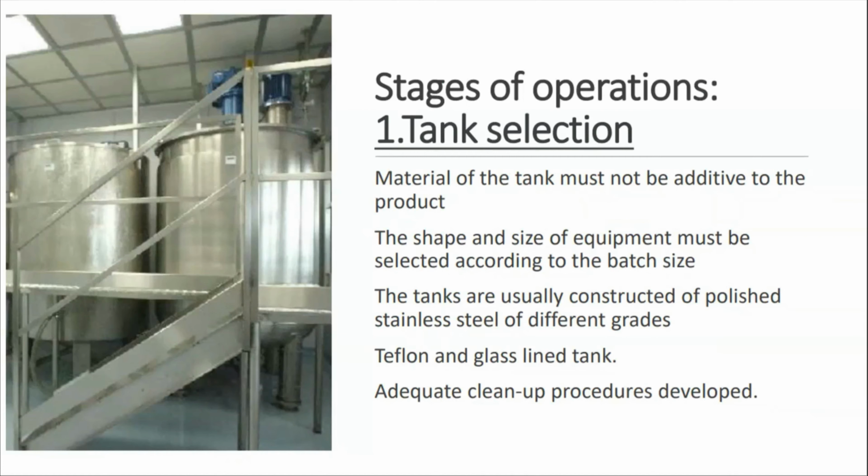That would be really bad, because over time your batch would have a lot of impurities, and could have metal in it. So usually Teflon and glass-lined tanks are non-reactive with a lot of stuff. Obviously the size needs to be big enough, but really the tank material is the most important thing.